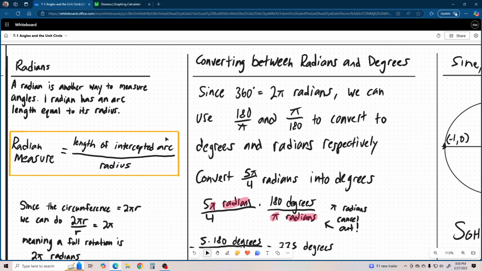Radians are another way of measuring angles. Specifically, 1 radian is when the radius of your circle equals the length of the intercepted arc. I put the little formula here for you: the radian measure is the length of the intercepted arc divided by your radius.